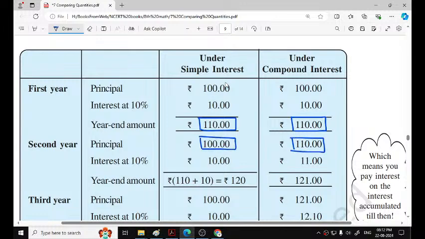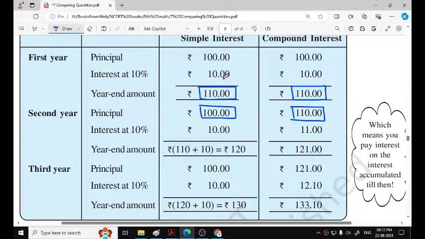For simple interest, your second year principal is 100, but here it is 110. So you get interest on that rupees 10 which was interest, and now the interest for second year is 11, and you get rupees 121 at the end of second year.